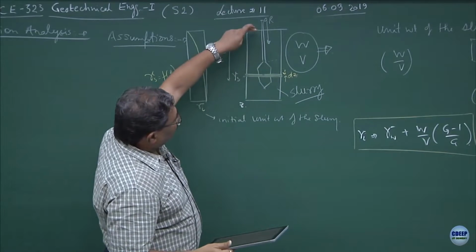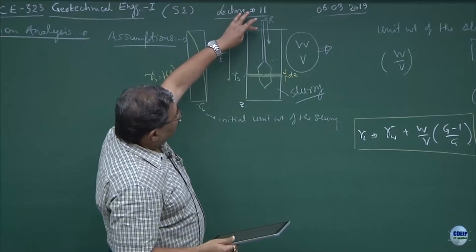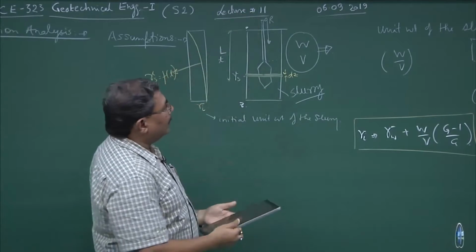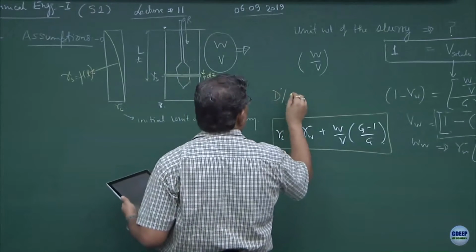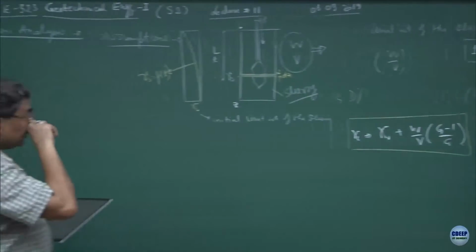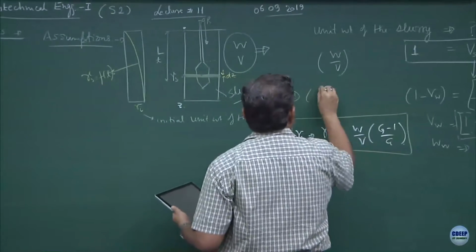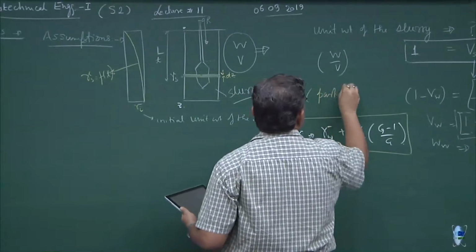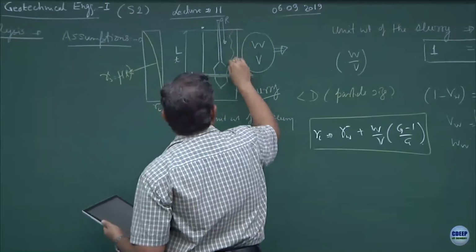So, what I am assuming, or what in physical sense is correct, is that all the particles which are finer than d fraction, less than d size, d is the particle size, they will not be present in this column of water.